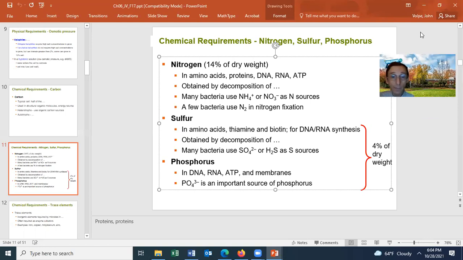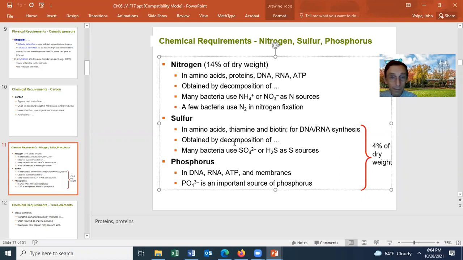All right, sulfur is also a requirement. We need it in some amino acids like cysteine and methionine. It's required in certain B vitamins like thiamine and biotin. Sulfur is also used for DNA and RNA synthesis.